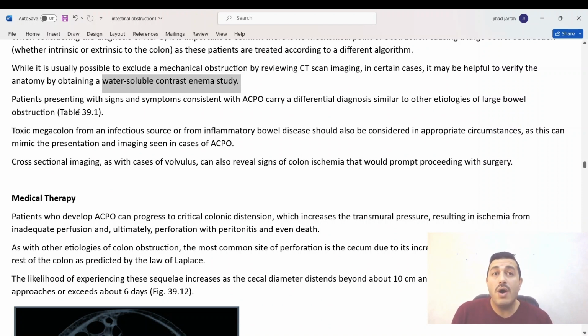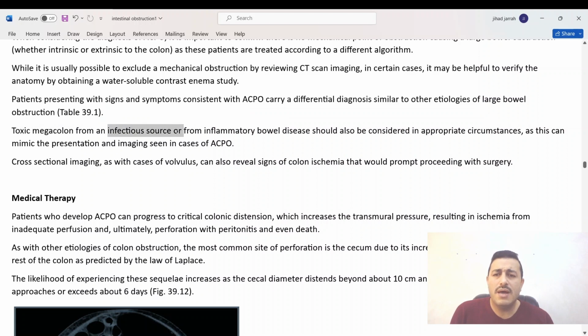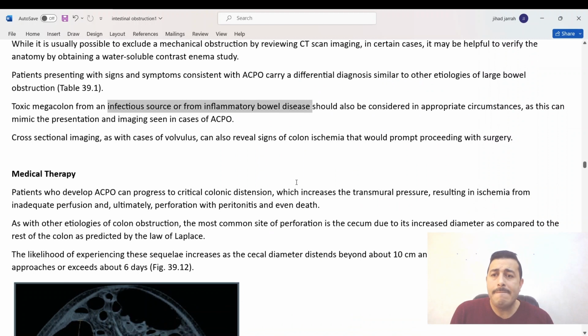It doesn't explain why the obstruction happens, but these are risk factors, predisposing factors: uremia, electrolyte abnormalities, which we already discussed. An entity such as toxic megacolon, which can be due to infectious causes or inflammatory bowel disease, can mimic acute colonic pseudo-obstruction.